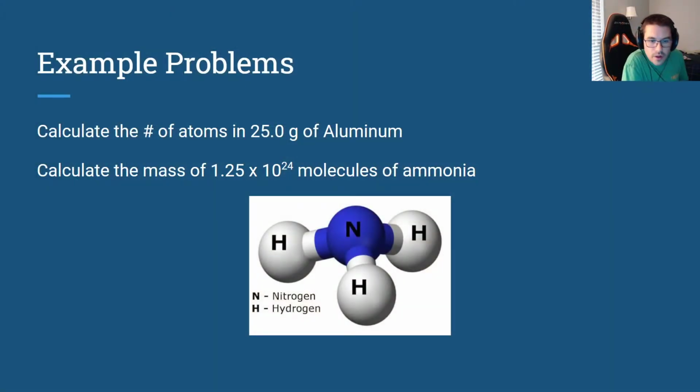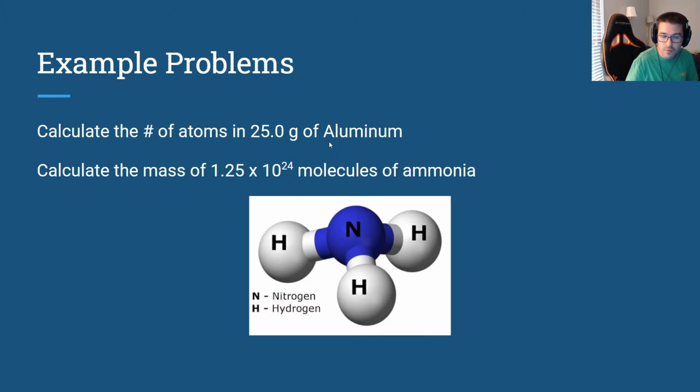So, final problem for this video: calculate the mass of 1.25 times 10 to the 24th molecules of ammonia. Here we have a picture of what ammonia looks like. It's 1 nitrogen with 3 hydrogen atoms bonded to it. That's going to be important a little bit further down the line.